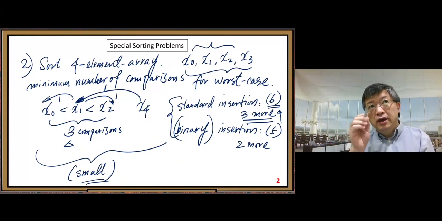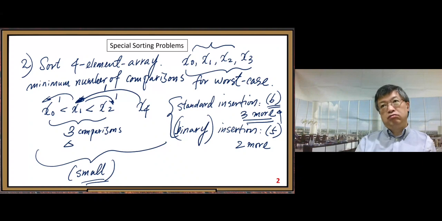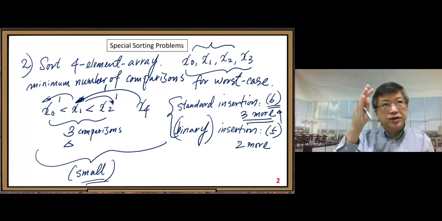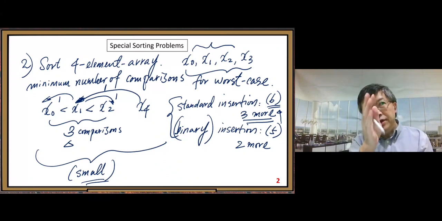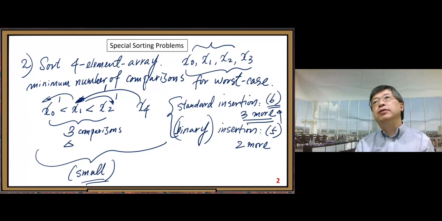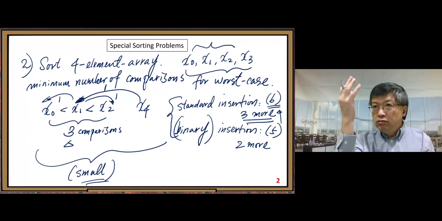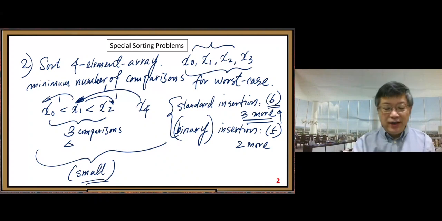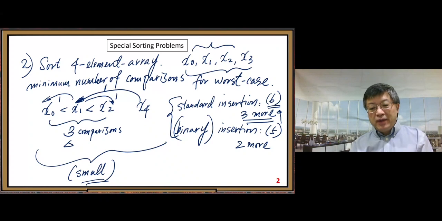So you can see that's the special situation we can take advantage of, eliminating the shift operations and using binary search to improve our sorting efficiency. Try to get this idea.